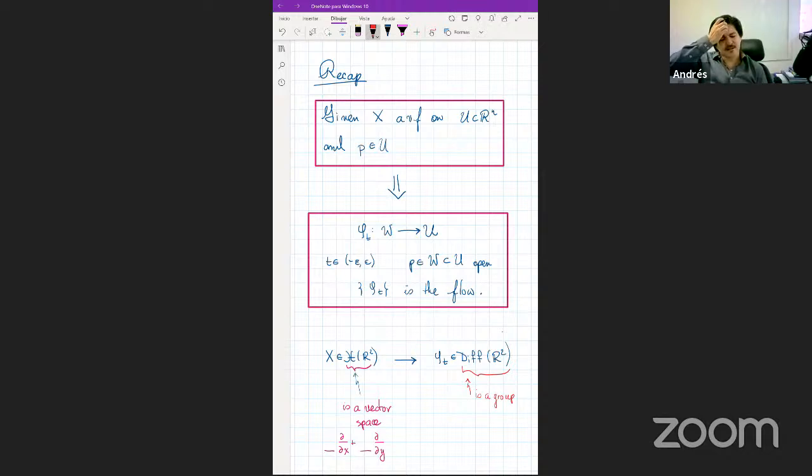What is the identity element of that group?